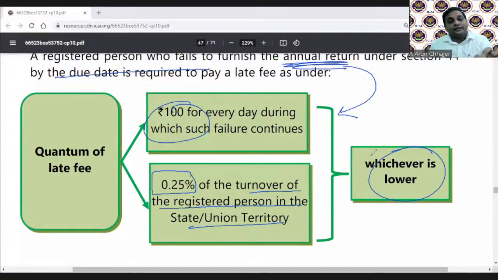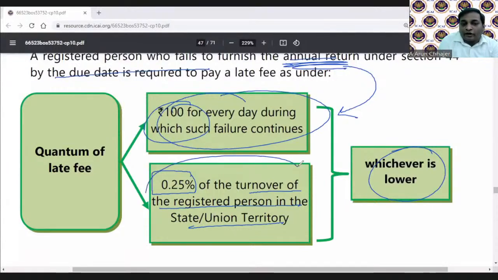So that is the reason whichever is lower is written, and also the reason why the late fees has been rationalized, which is applicable for this attempt. Why has the late fees been rationalized? To reduce the late fees by a further amount. Before that, remember, for the annual return, what is the late fees? 100 rupees per day and 0.25% of the turnover. What is the amendment?